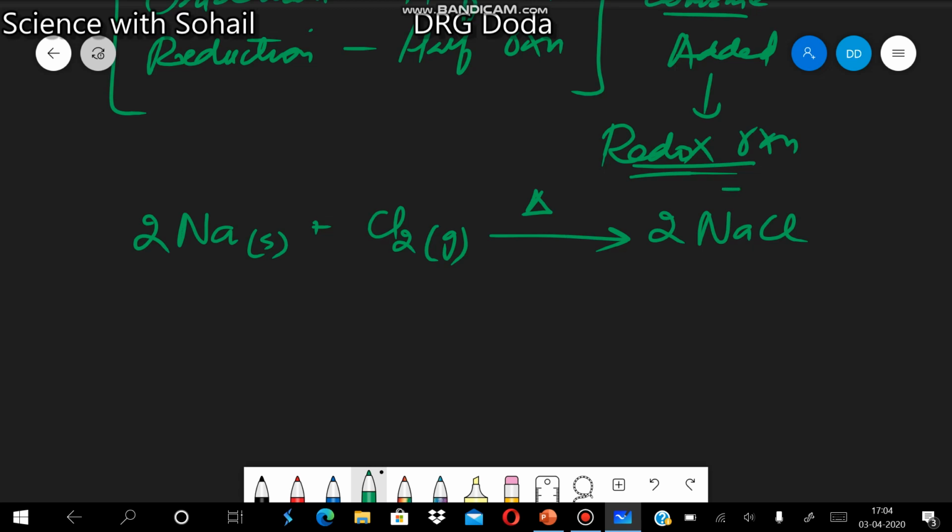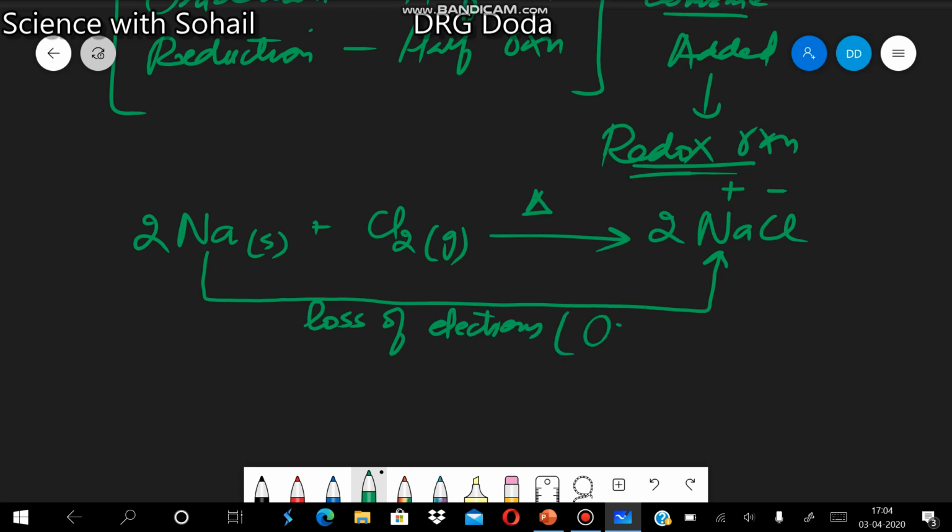And in sodium chloride, we know that Na+ and Cl- exist. So here we can see that sodium atoms are changing into sodium ions, and it takes place by the loss of electrons.